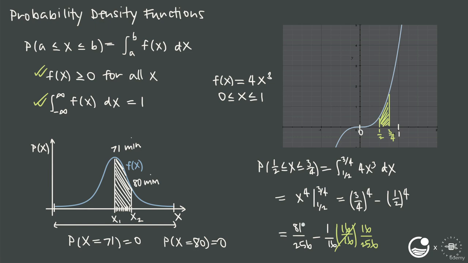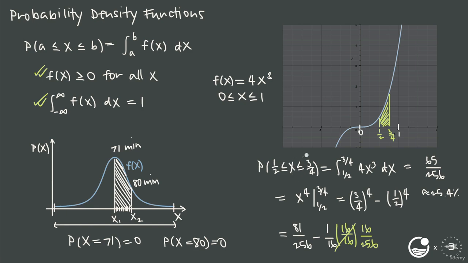And the result then there is 81 minus 16 is 65, so 65/256, which when we convert to a decimal and round is approximately 25.4%.